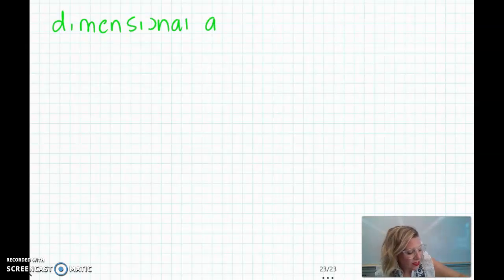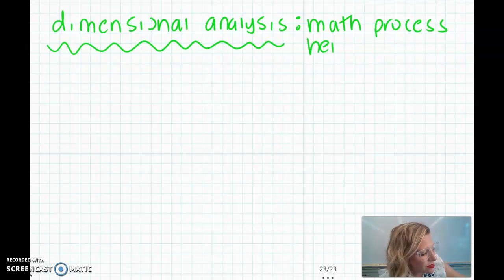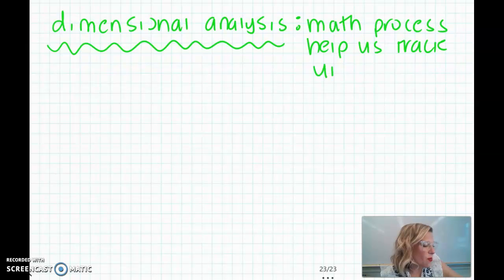Okay, so dimensional analysis is a mathematical process, a math process to help us track units. And what's really cool about it is that when we're keeping track of the units, it sets the math up for us. Awesome. So what do I mean by that? Let me show you what I mean.